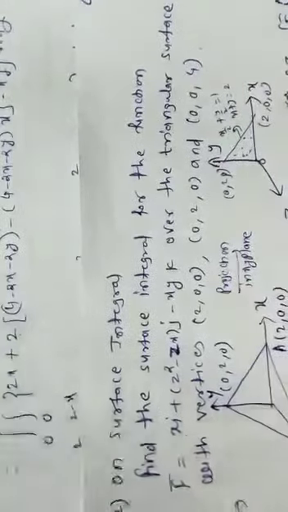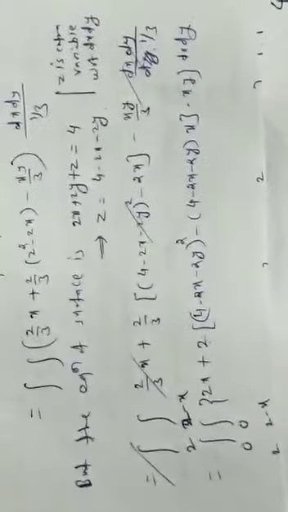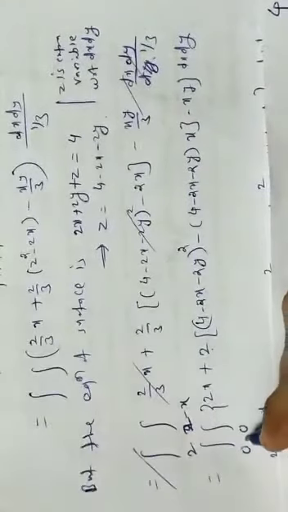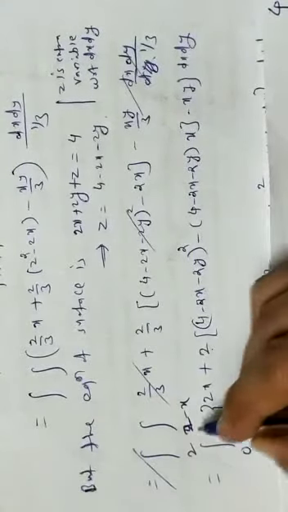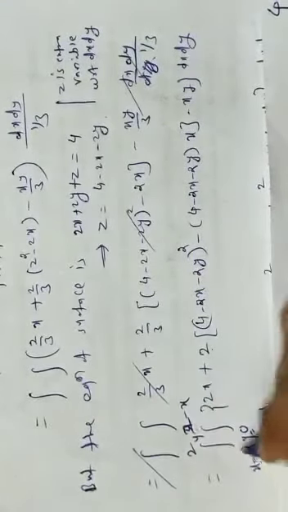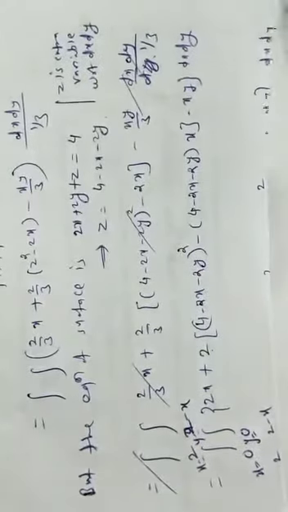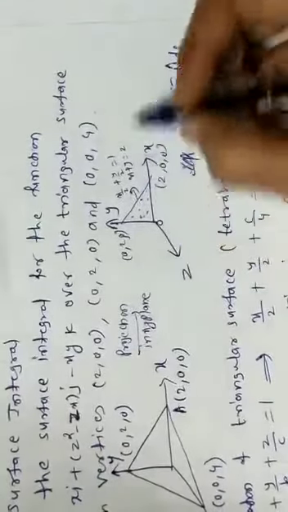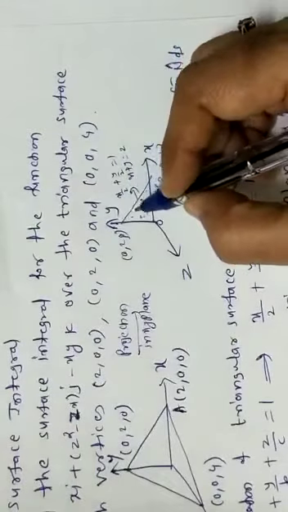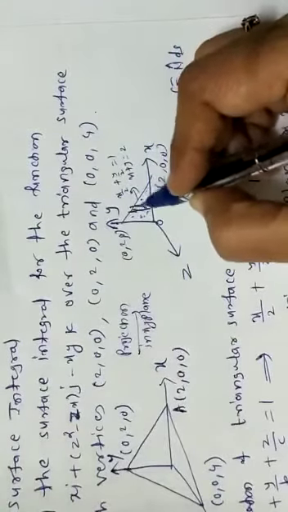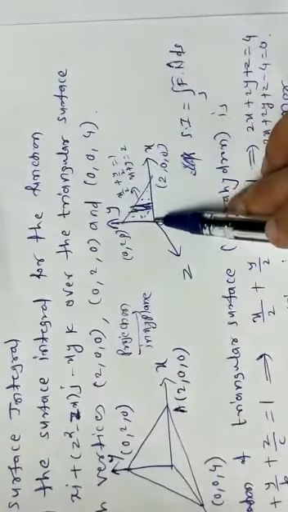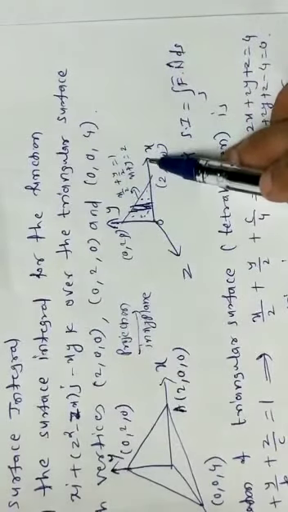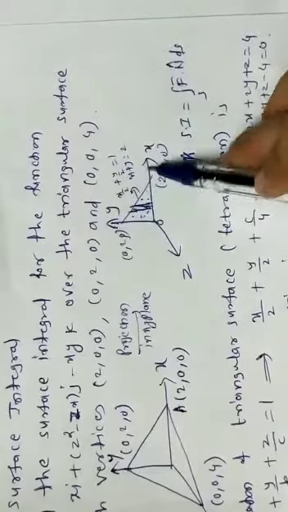Now here you are integrating with respect to what first? Suppose you decide to integrate with respect to y first and then with respect to x. So when you integrate with respect to y first, you have to take a strip parallel to the y-axis, right? Y-axis means vertical. Now what is the minimum value of y here? 0.